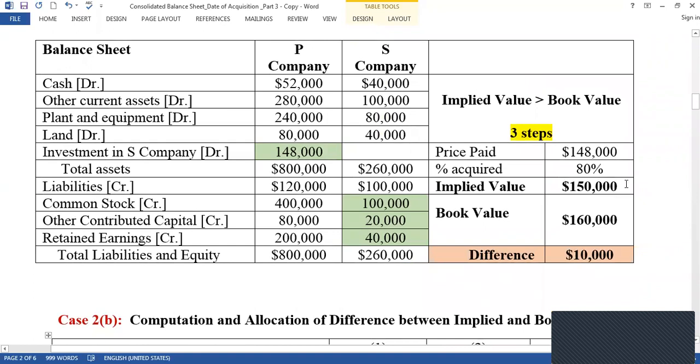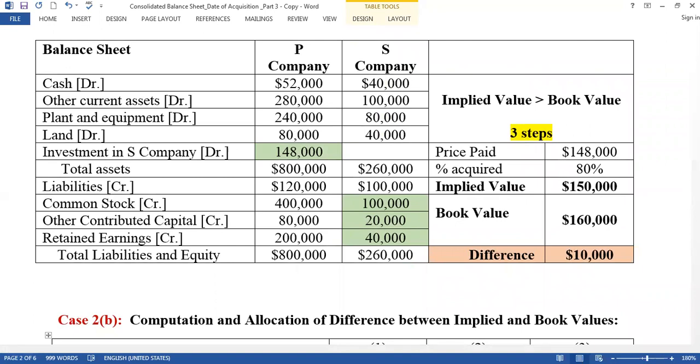So the implied value, wait a moment. I may have a calculation mistake.